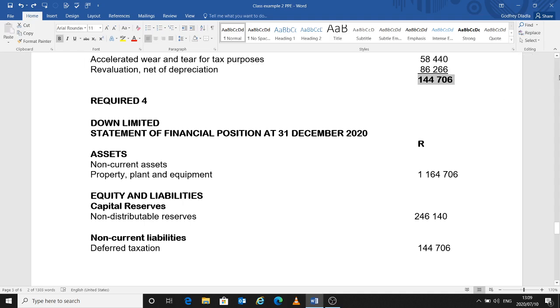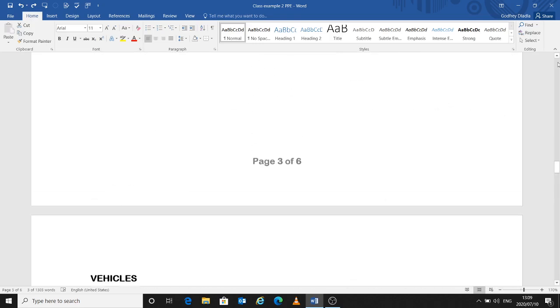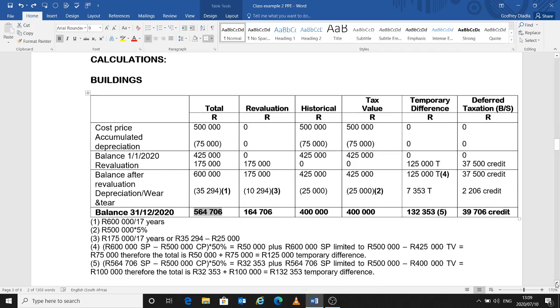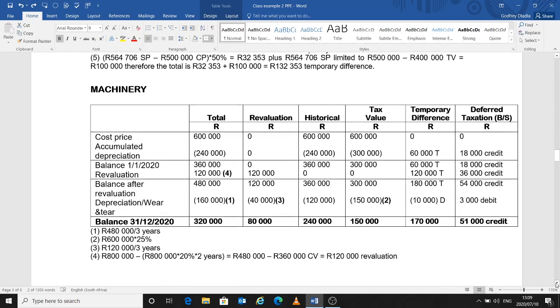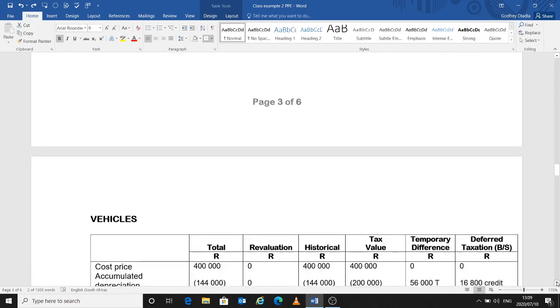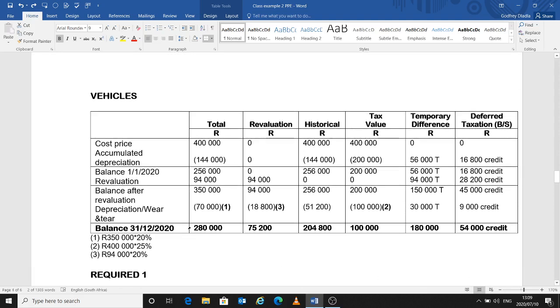Right, and then for assets, the PPE, this one here, what you do is you go to this column here and say 564,706, plus 320, which is this one, plus 280, which is this one.